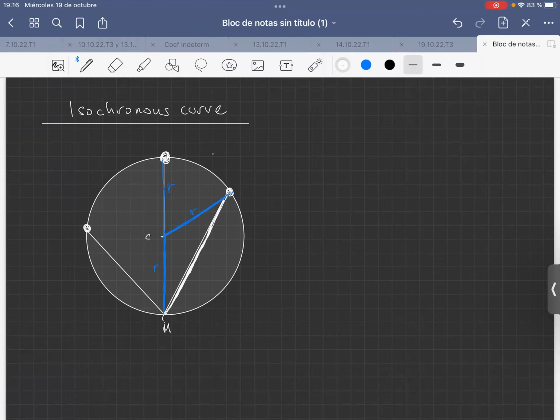Let me call this angle, formed between the trajectory of this mass, there are three masses, and the horizontal, theta.